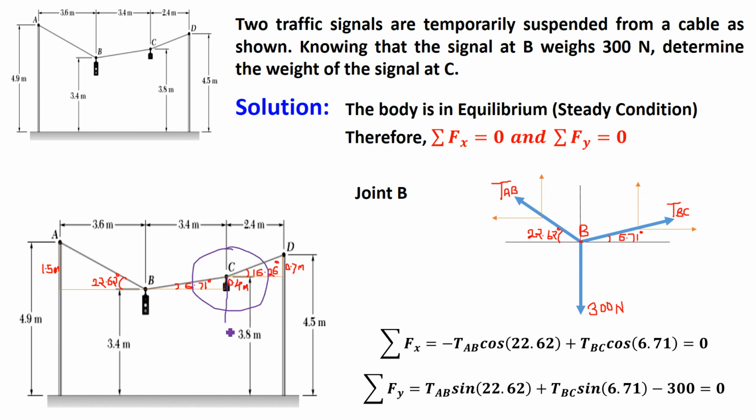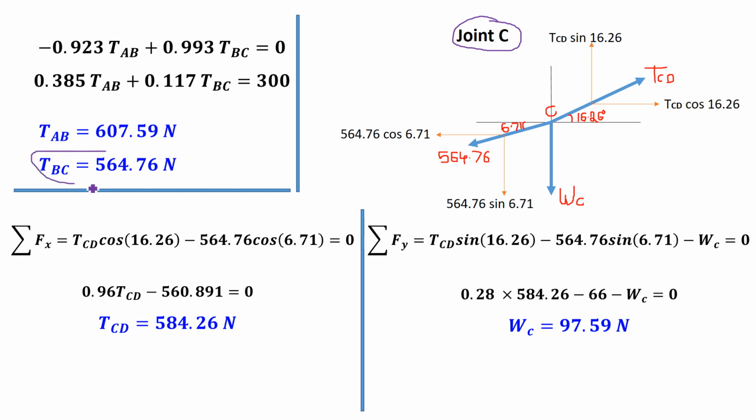So the weight of the signal at C we have to determine, so it is WC, and this is tension in segment CD, and this is tension in segment BC, which we have already determined from joint B. Whatever is the value of tension BC, the same value is here also. So tension BC, that is 564.76, is in the third quadrant.